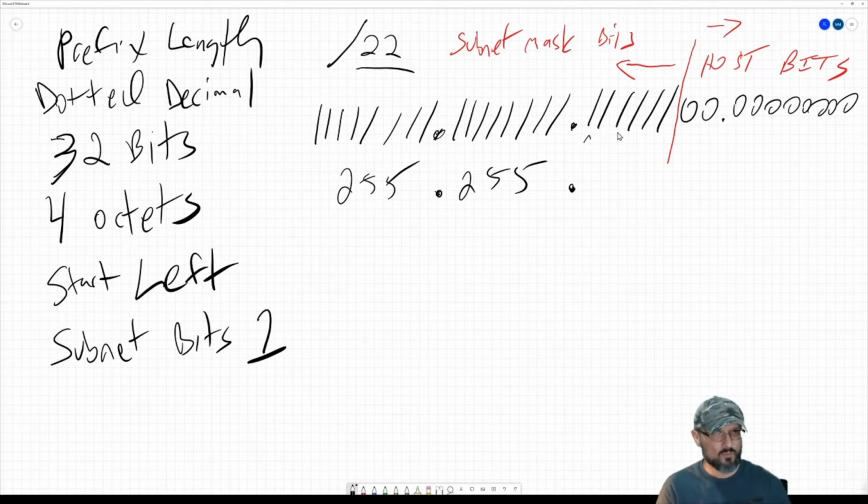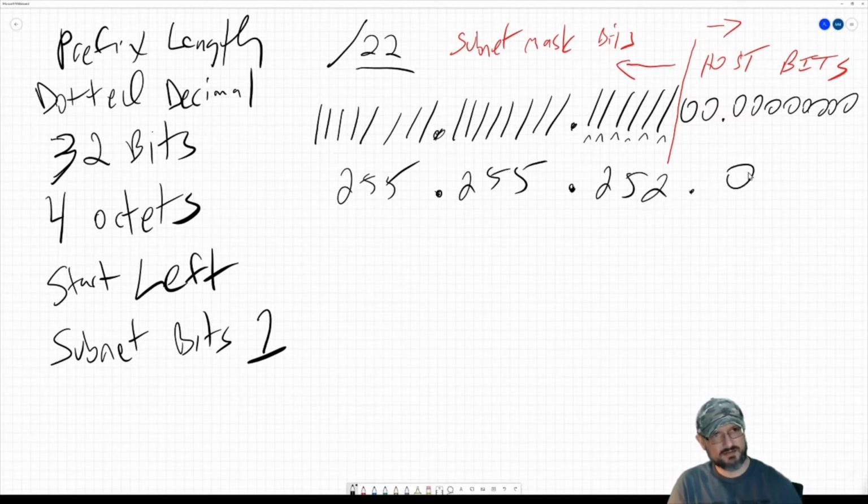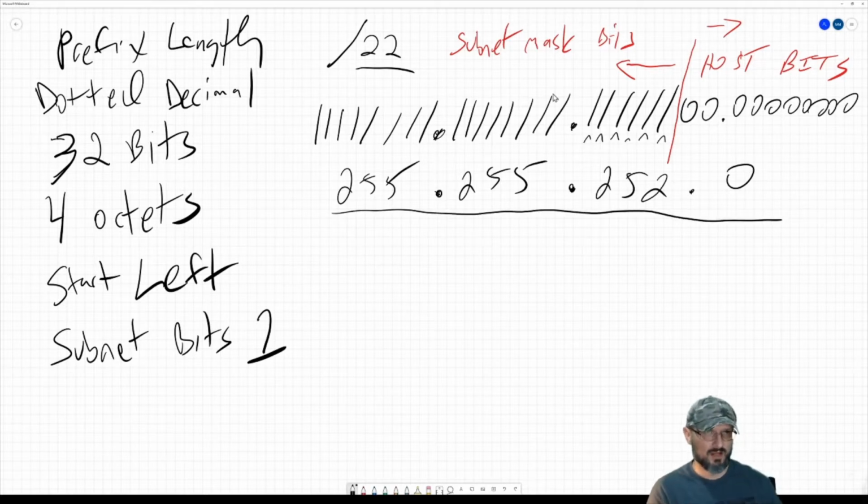So this is 128. 128 plus 64 is 192. 192 plus 32 is 224. 224 plus 16 is 240. 240 plus 8 is 248. 248 plus 4 is 252, so that is 252. And this is dot 0. So this would be the dotted decimal notation of a /22.